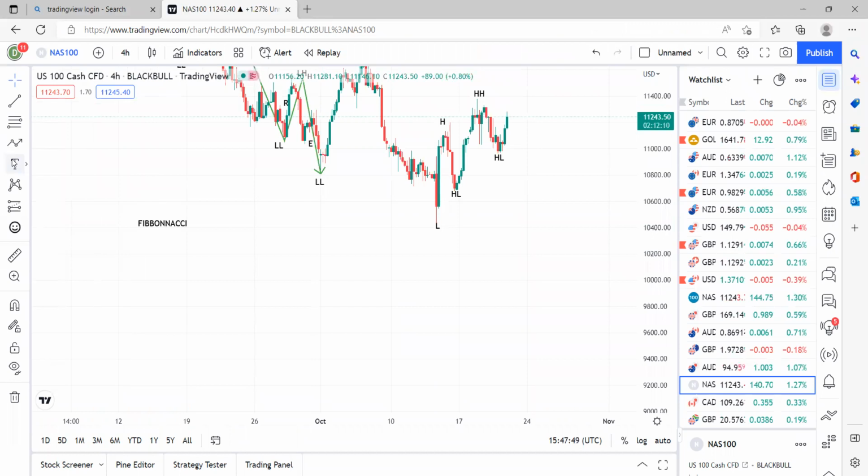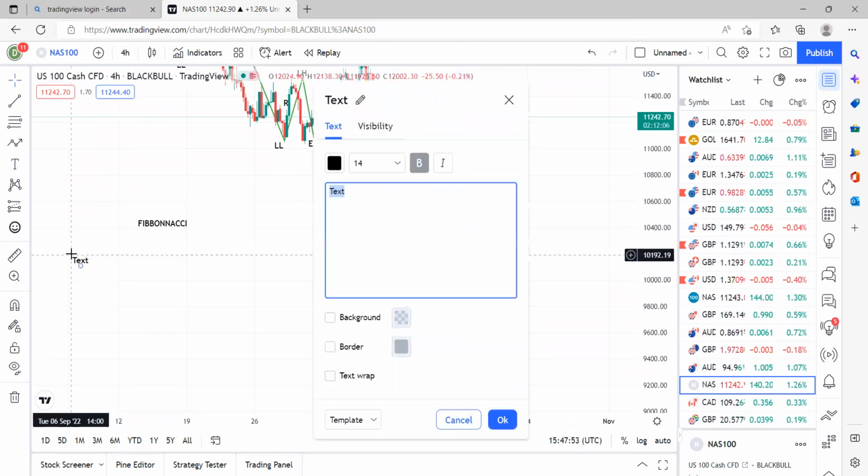So in simple terms, what is Fibonacci? This is used to determine the end of the retracement.